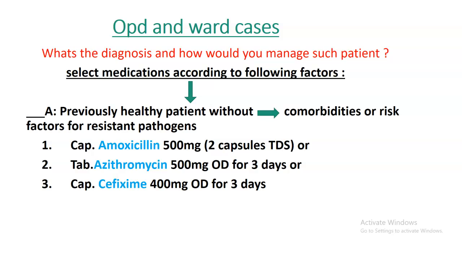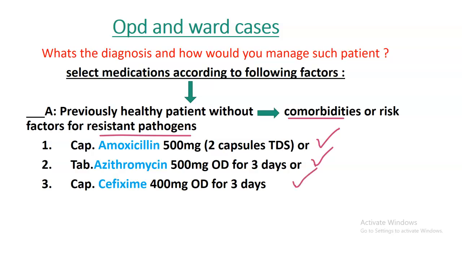If the patient is healthy without any comorbidities and has no risk factors for resistant pathogens, then the safest choices, one of them you can choose without any combination therapy, like capsule amoxicillin, tablet azithromycin, or capsule cefixime OD for 3 days.